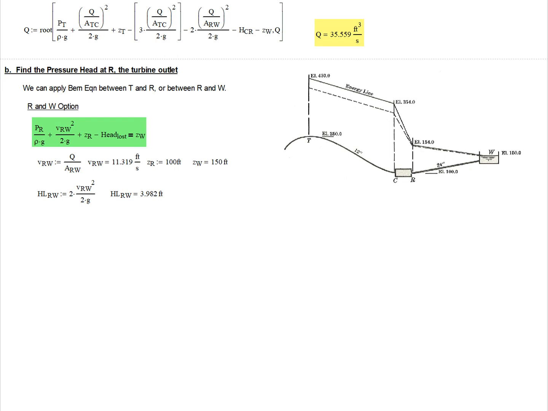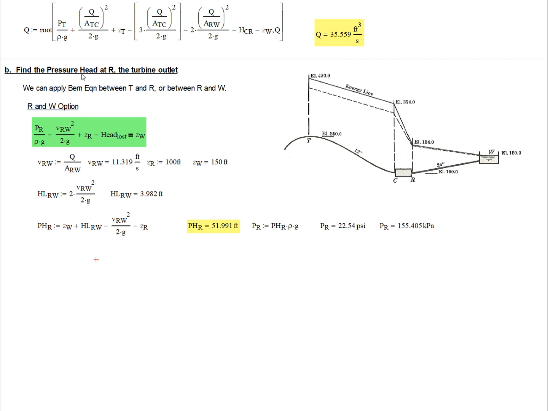And so I can calculate the pressure at R, and I'm putting this in terms of pressure head. The pressure head at R is equal to this, which is 51.99 feet, or about 52 feet.